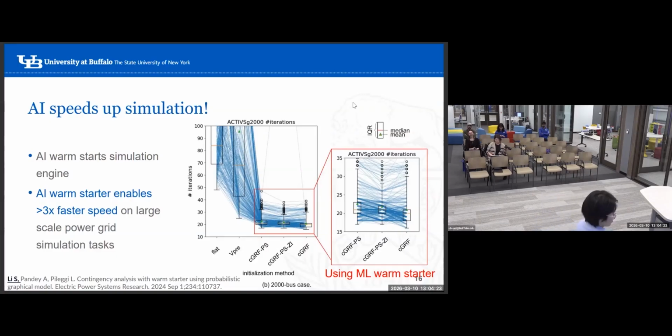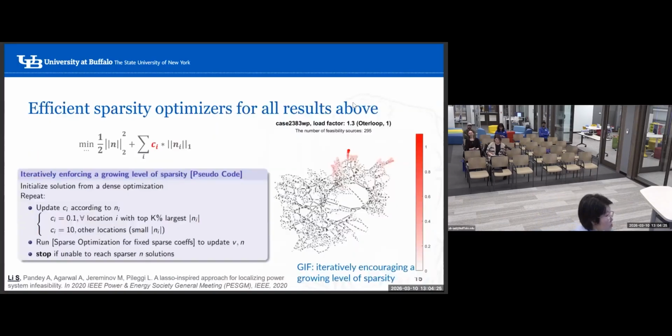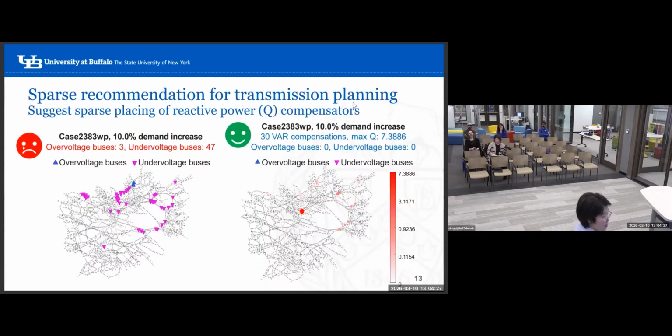Yeah, all these systems we are showing represent synthetic realistic grids that come from public data. The lines represent real-world transmission lines. The nodes represent real-world substations, which either generate power, consume power, or just transmit power.